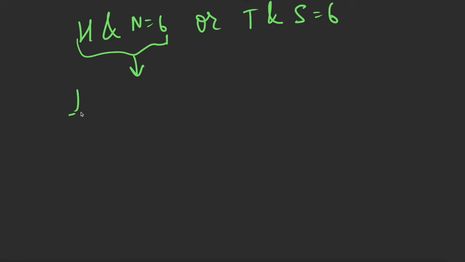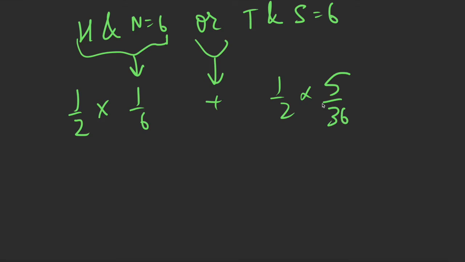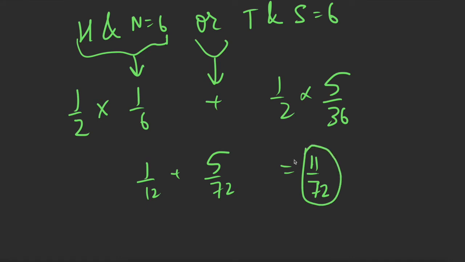So this is 1 by 2 into 1 by 6, and or is plus 1 by 2 into 5 by 36. So you get the probability as 1 by 12 plus 5 by 72, which is basically 11 by 72. So this is the probability that you will win this game.